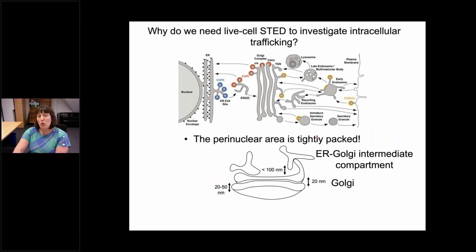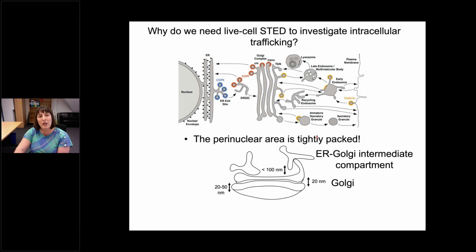So coming back to our biological topic, which is intracellular trafficking, I will try to show you some examples of what we do in the lab without going into too much biological detail. One of the first important things that one should ask is: why do I need super resolution microscopy?